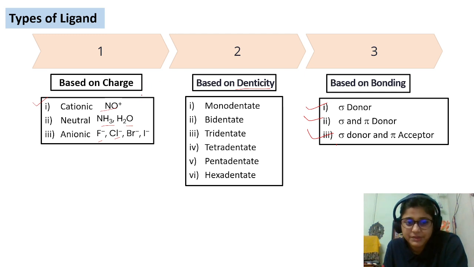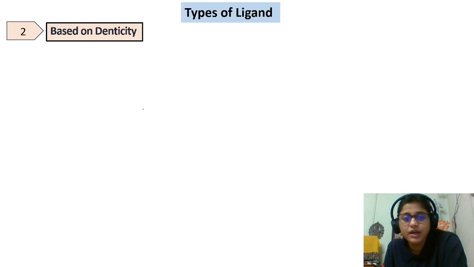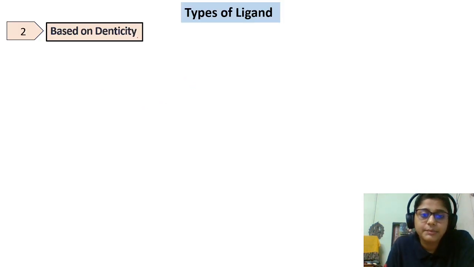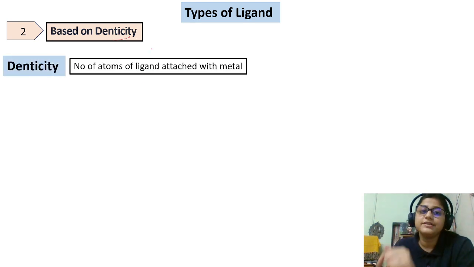Now, classification based on charge is not very important. You can see positive, neutral, and negative. And based on denticity, to know it in a better way, we have to have an idea about denticity, right? What is denticity? Denticity is the number of atoms of the ligand attached to the metal. A ligand is a molecule, right?